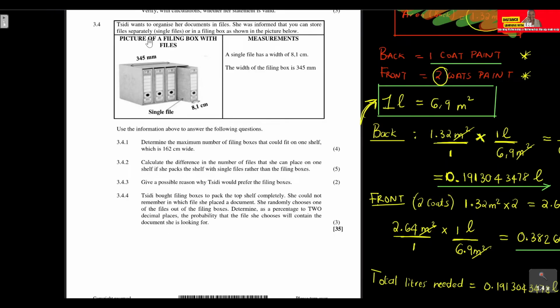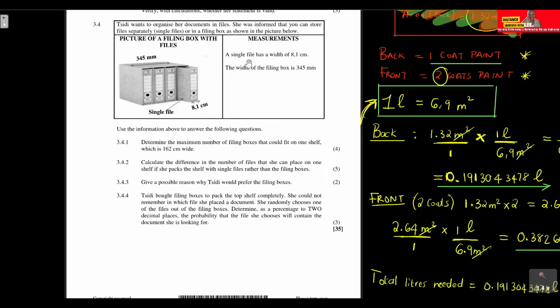TD wants to organize her documents in files. She was informed that you can store files separately, as single files, or in a filing box as shown in the picture below. So you can store your files in a box, or individually.